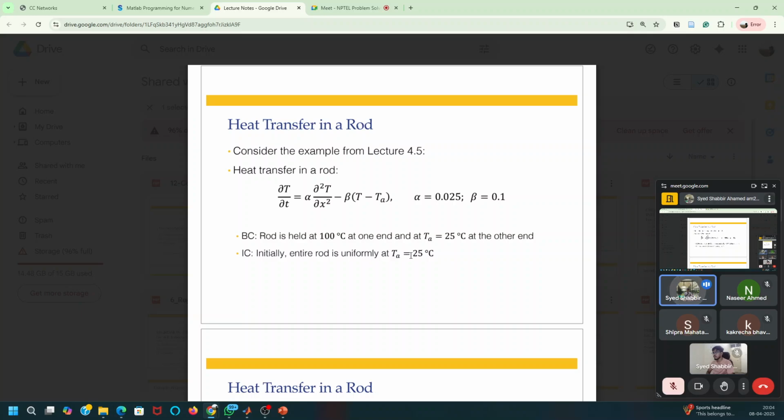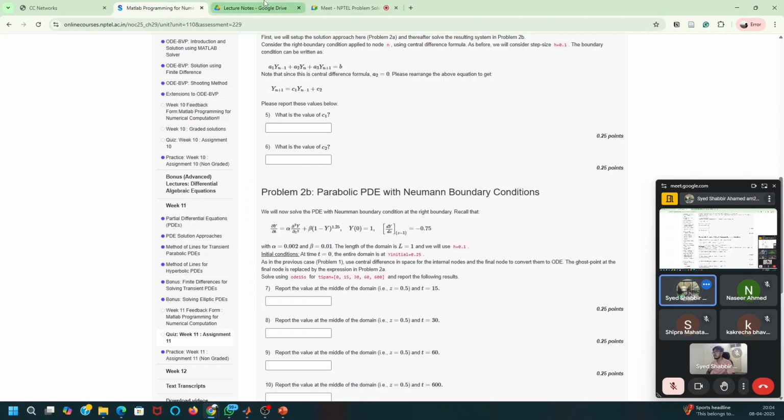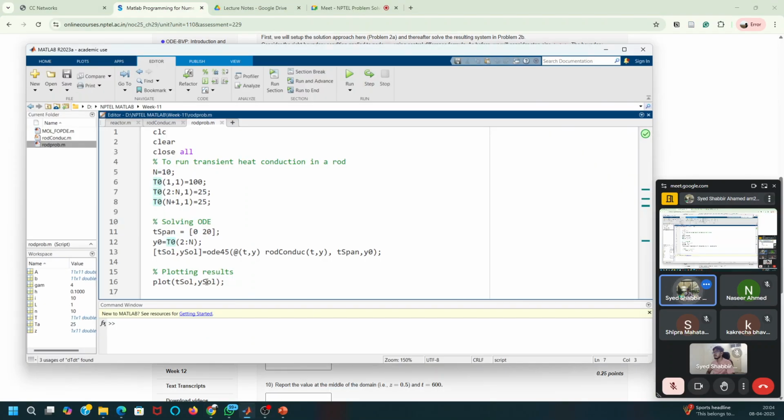Initially, the entire rod is uniformly at 25 degrees Celsius. That's why we are initializing it. We are saying that the initial temperature at all the other nodes except the first node is 25 degrees Celsius. And I want to solve all the ODEs with respect to time to get the solution, which is nothing but the temperature here.